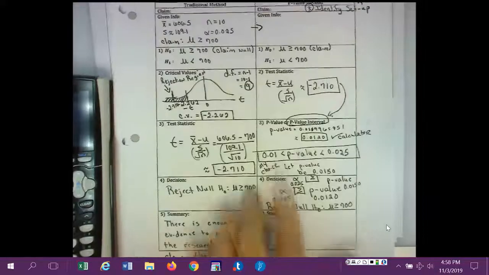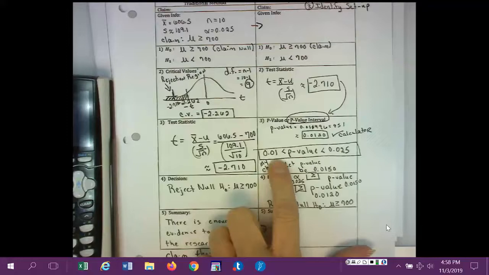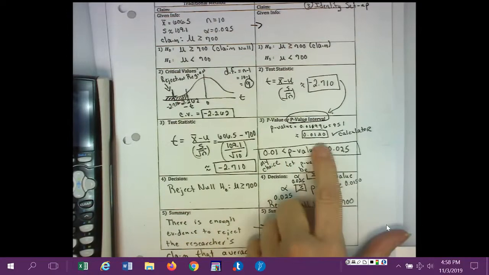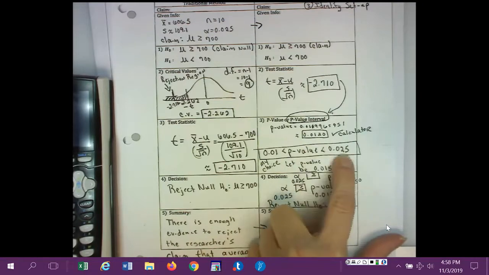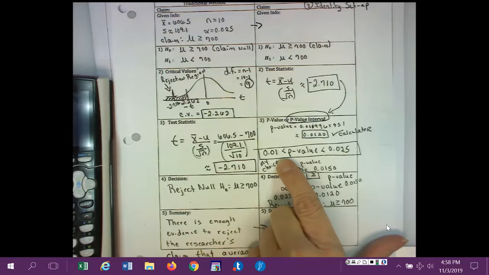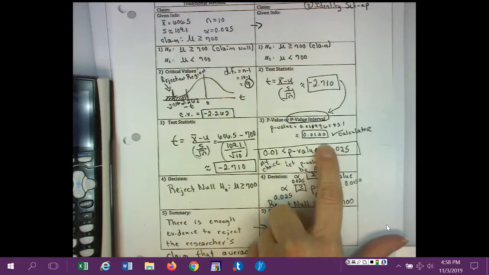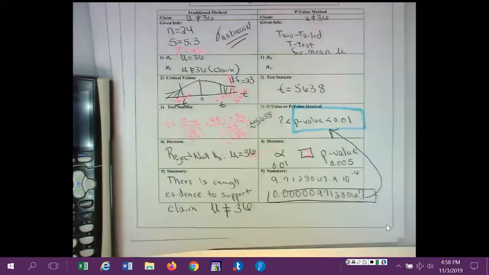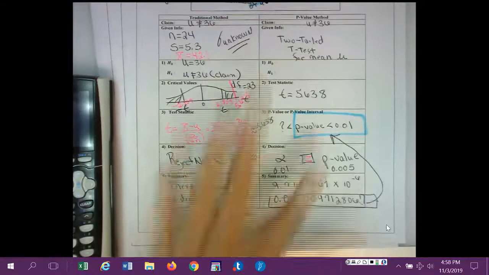We got a p-value interval of 0.01 to 0.025, and the calculator gave us 0.0120. Well, 0.0120 is in the p-value interval that we found by table. That must always happen. Your TI-83, TI-84 calculator p-value for a t-test must fall in the p-value interval that you find by hand using the t-table. So it does in this previous problem, and now once again in this last problem, it falls there.